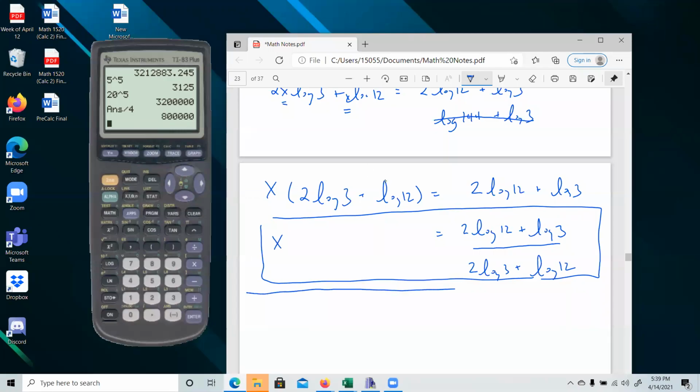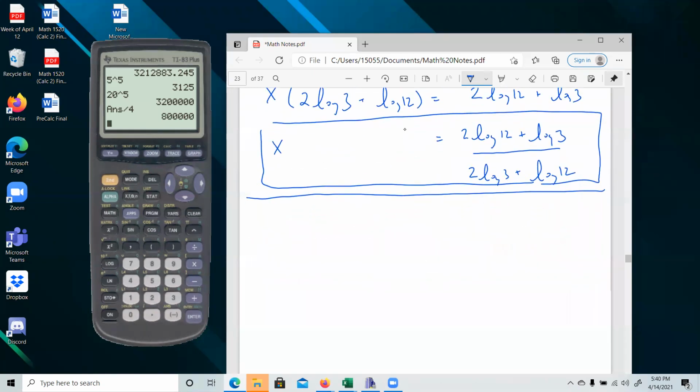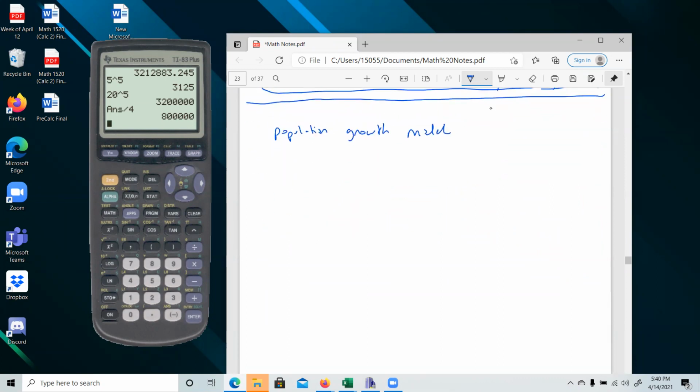So what else do we have? We have population growth. It's almost summer, so we could do that problem.